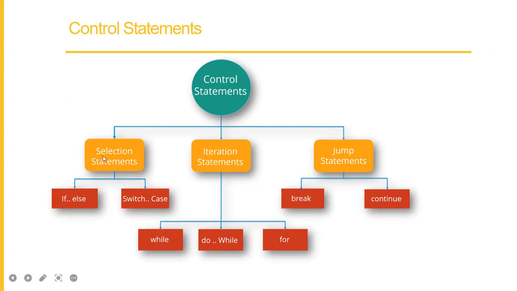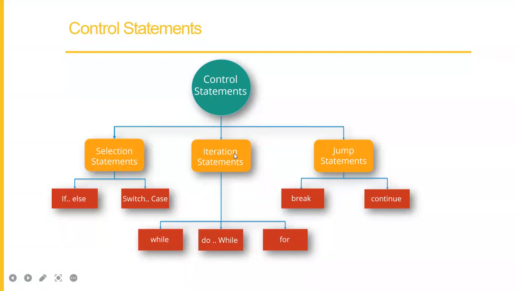Basically, we have different kinds of statements like selection statement, iteration statement, and jumping statement. When you go for a selection, if some conditions have to be applied, based on those conditions we write our logic. That is the selection statement, or conditional statement. One more is the iteration statement, or looping statement.